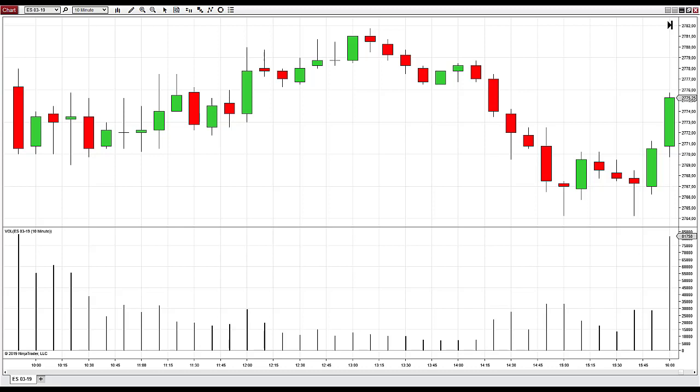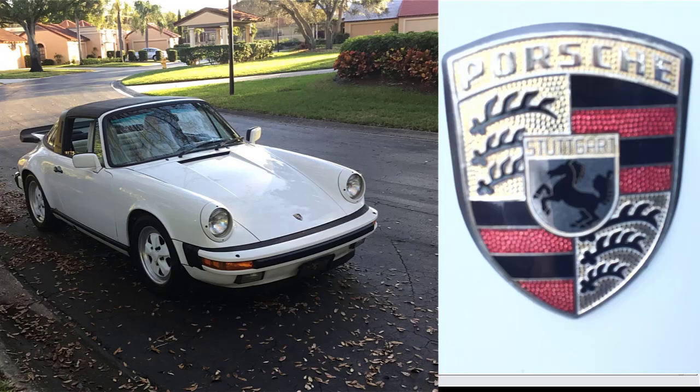So if there's huge demand for something, then the seller can increase the price and people will still want to buy. Or there can be limited demand, but if there's not a lot of supply, the prices will still be high. So for example, scarcity can lead to high prices. When I was looking to buy a vintage German sports car, now there are not a lot of those lying around, so you cannot just go to any used car salesman and ask for a classic Porsche.